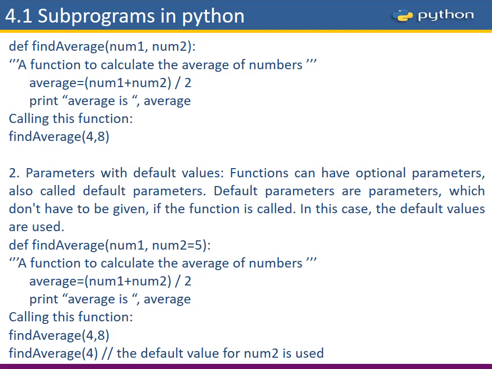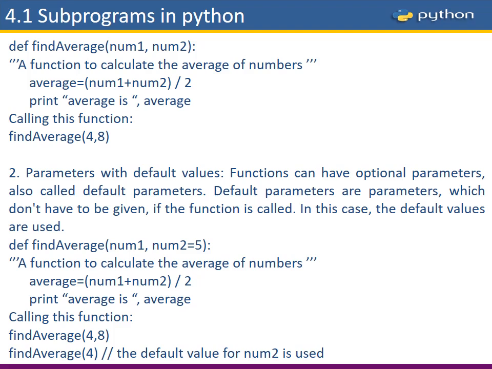So def find_average, and inside the brackets are the parameters, which can be one or more than one. Those parameters stand as variables in subprograms. Normal parameters are values you must provide when calling the function, and they can be of any data type.